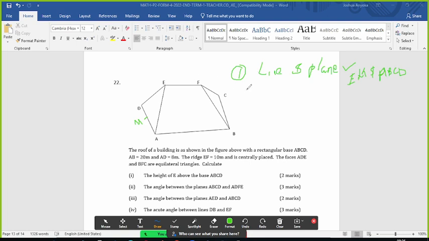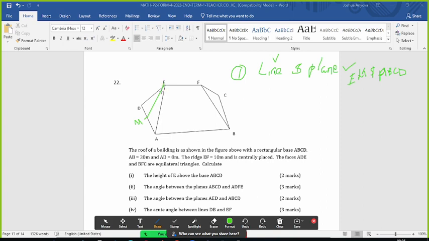To find the angle between a line and a plane, we are supposed to identify the line. The line is EM. Then find the projection of the line on a plane.